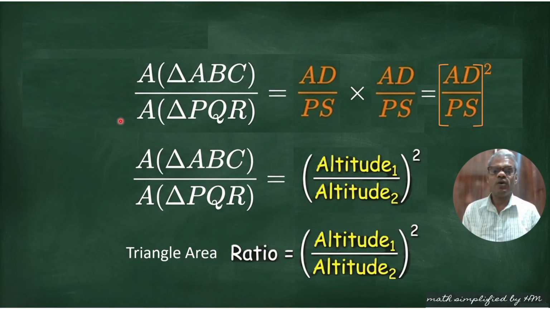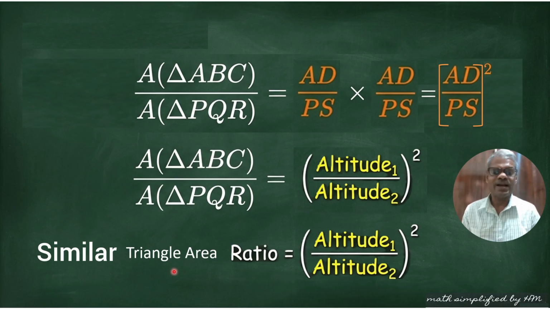So we have area of triangle ABC upon area of triangle PQR is equal to (AD upon PS) whole square. This means that area of triangle ABC upon area of triangle PQR is equal to (altitude 1 upon altitude 2) whole square.